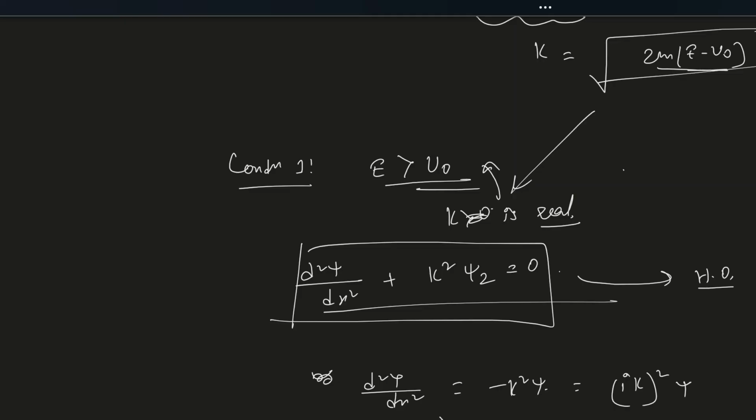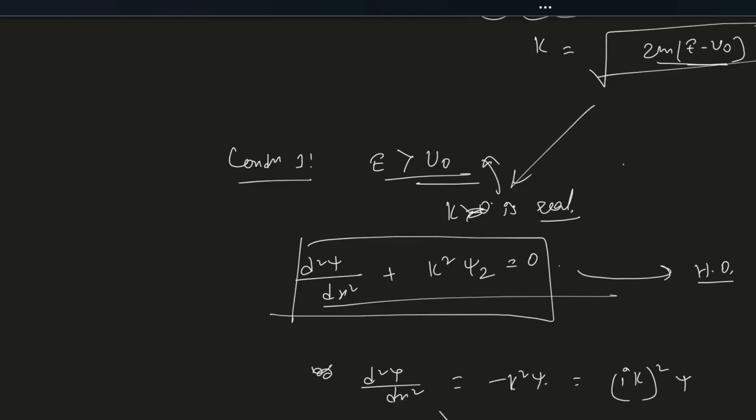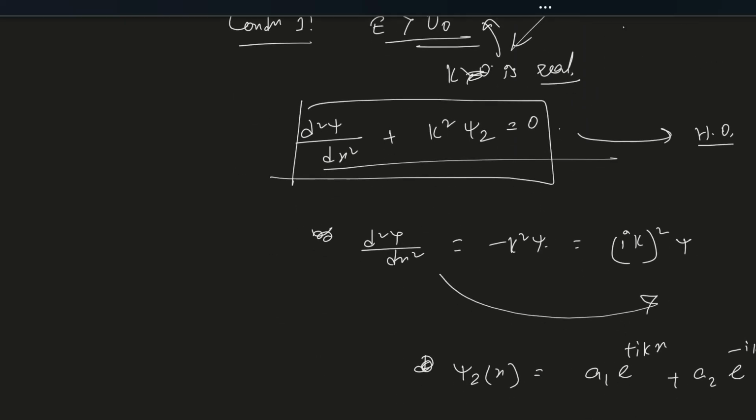And this is simply psi 2(x) equal to a1 e to the power of plus ikx plus a2 e to the power of minus ikx. So you know that e to the power ix plus e to the power minus ix combination gives you sine and cos x. So if you disintegrate these parts, you will get a sine term and another cosine term.